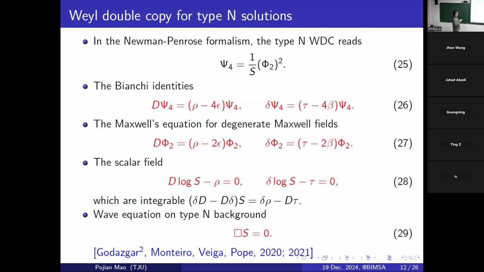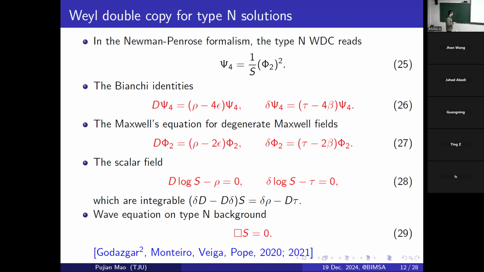Because the spacetime is algebraically special, it's type N, you have a repeated null principal direction and so on. With those conditions, the only Weyl scalar is this psi4. The Weyl double copy relation is just psi4 equals phi2 from the Maxwell theory, a degenerate Maxwell theory, phi2 squared over S.